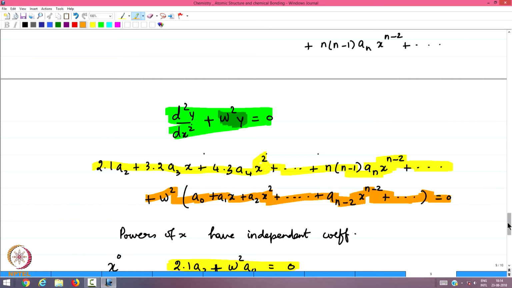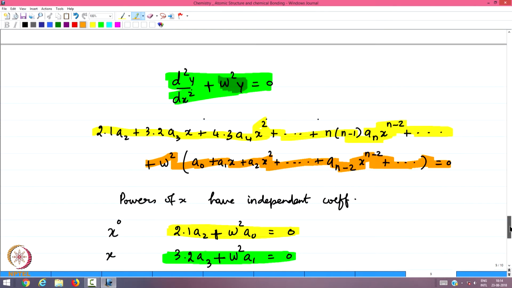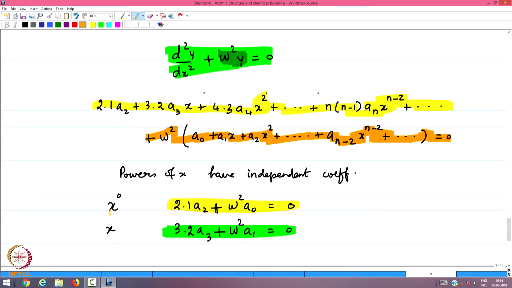Then you collect the powers of the individual x's, namely x raised to 0, which is a constant, and if you look at that, you see it is 2.1 times a2 plus omega squared a naught, that is 0.